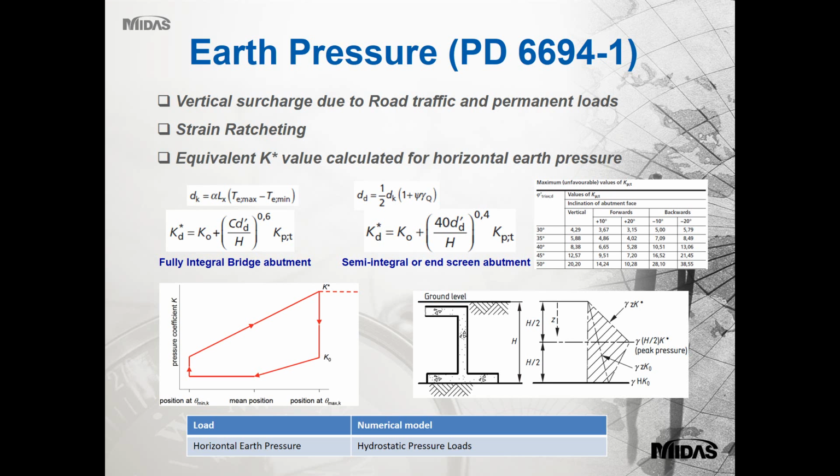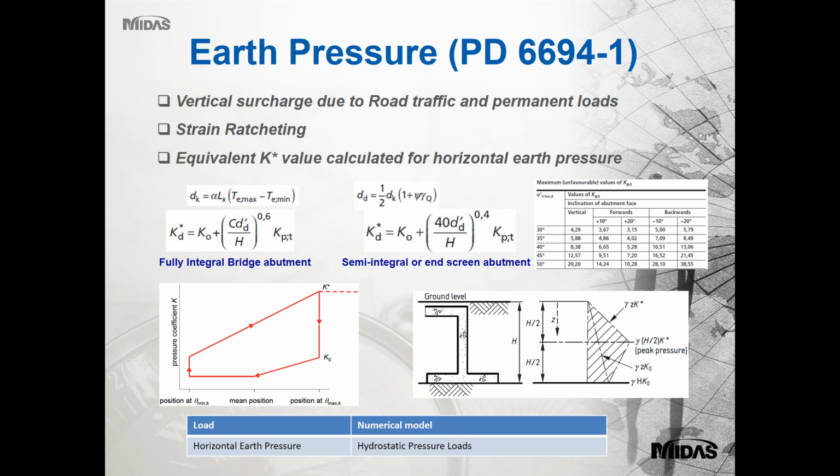Now, in case of such loading, it can be a different scenario when we are combining it with other loads like live loads and SIDL. We need to have several cases where the backfill is acting as passive or active, and then apply the corresponding earth pressure coefficient.